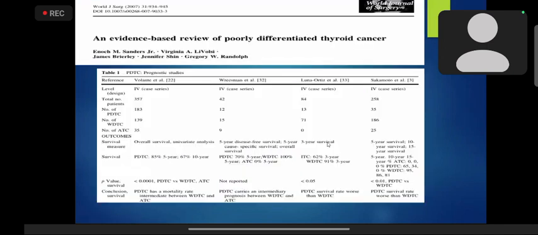Another is Sanders et al., who did an evidence-based review for poorly differentiated thyroid cancer, including these 4 studies. In all, we can see that poorly differentiated thyroid cancer has lower survival compared to well differentiated thyroid cancer.